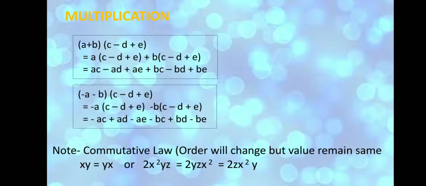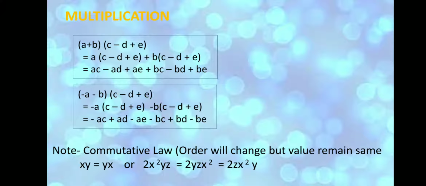Now let's have a note that in commutative law or commutative property, the order will change but the value will remain the same. So if somewhere you find xy, that xy can also be written as yx. The value of xy and yx is the same.